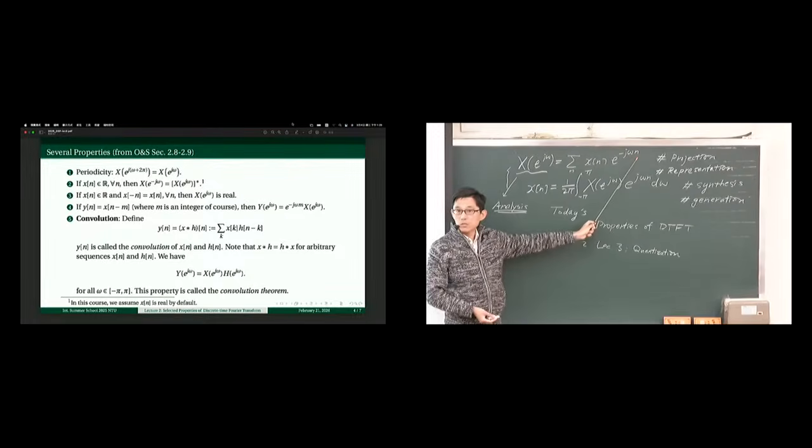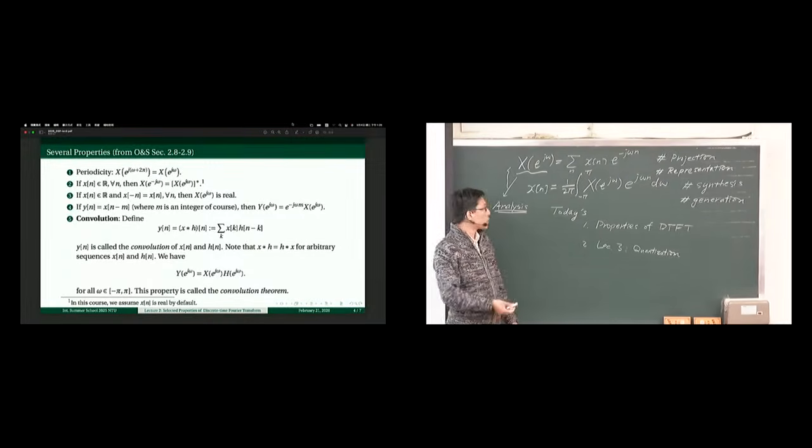In our convention, n is an integer. So if you evaluate the spectrum at omega plus 2 pi, the result is the same.